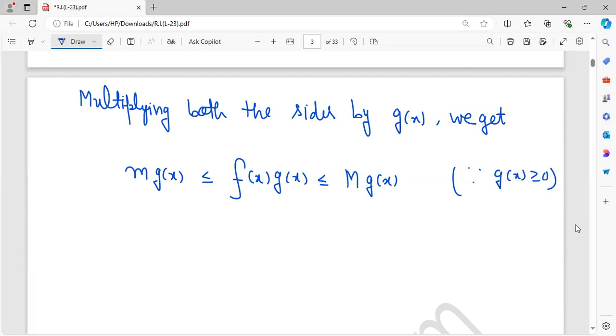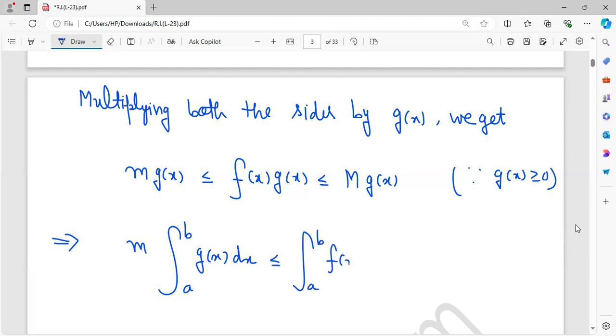Now we can take integration. So m is a constant, it will come out: m times the integral from a to b of g(x) dx is less than or equal to the integral from a to b of f(x)g(x) dx, which is less than or equal to capital M times the integral from a to b of g(x) dx.